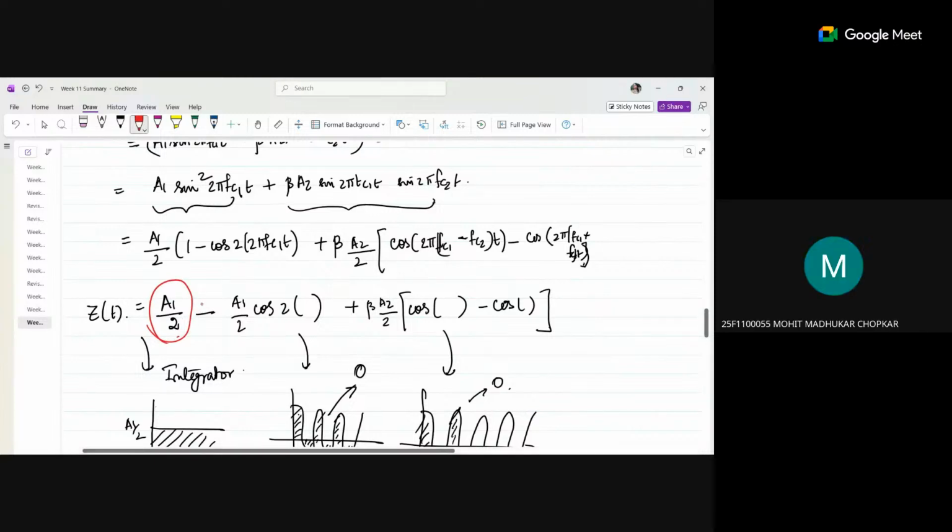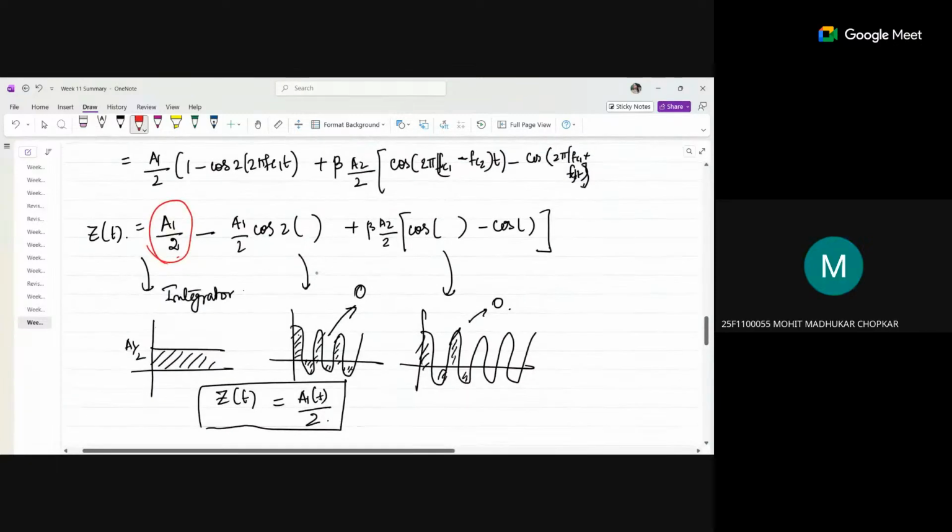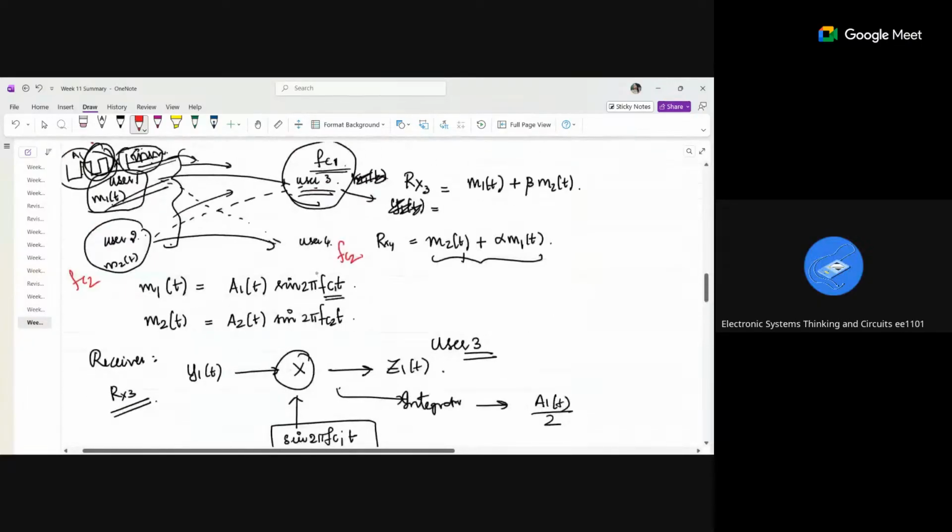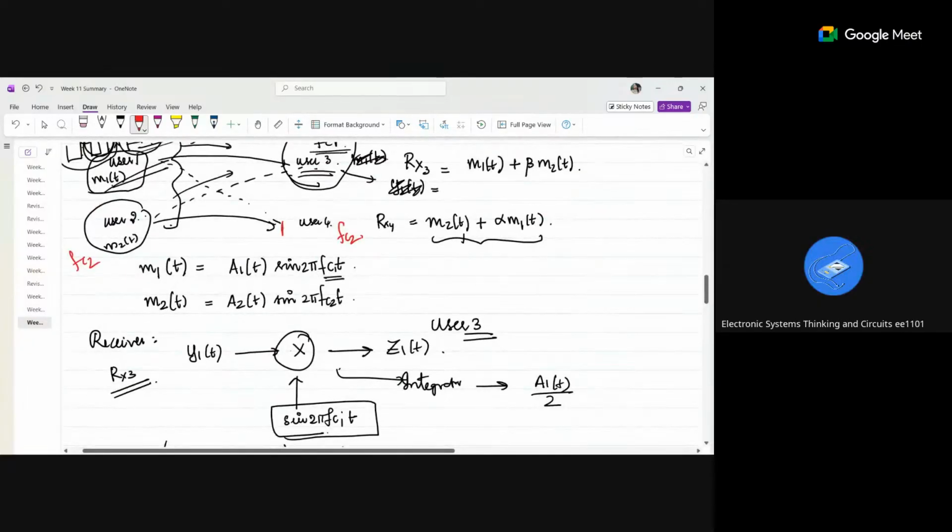For user 4, all the data from user 1 will be eliminated by the integrator.